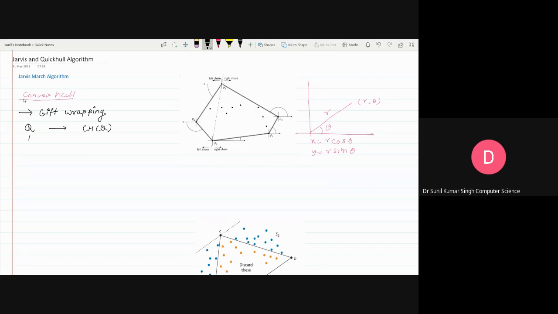Of course, if Q has n points, then CH(Q) is not going to have all n points, right? Some points will be inside the convex hull and some on the boundary. So CH(Q) gives the points on the boundary. Is it clear?